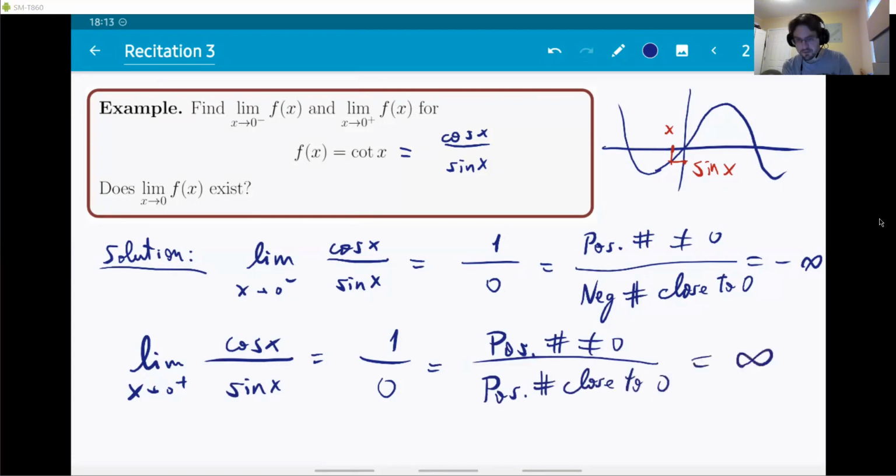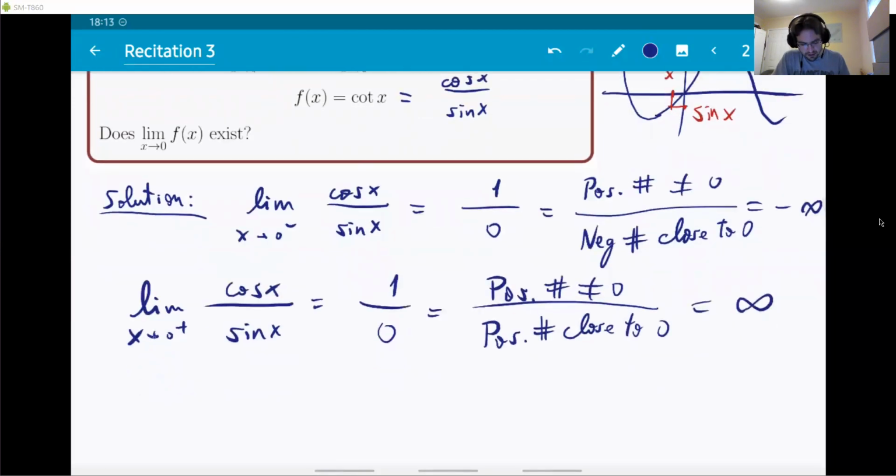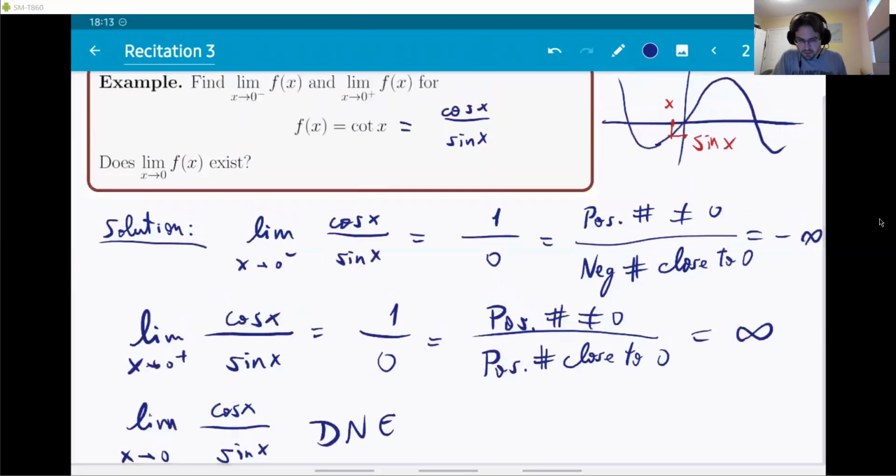And that's a plus infinity, because now it's positive over positive. And the answer to the last question where they asked, what about the regular limit? Does it exist? The answer is no. Because the two lateral limits were different. So that's what happens to the cotangent function around 0.